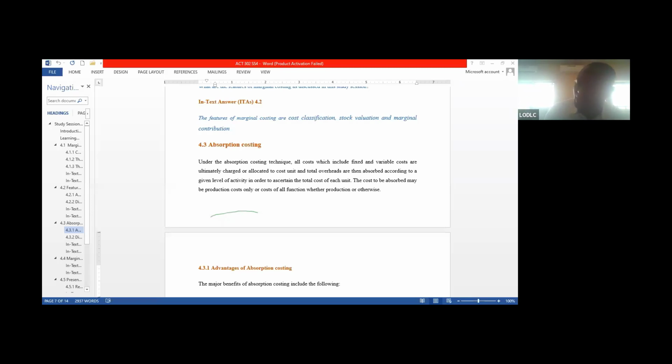So once the fixed cost has been excluded and we concentrate only on variable cost, we are doing marginal costing. But when we incorporate both the fixed and the variable cost with the level of output, we are talking about absorption costing. So absorption costing includes not just the cost of materials and labor, but also all manufacturing overheads.